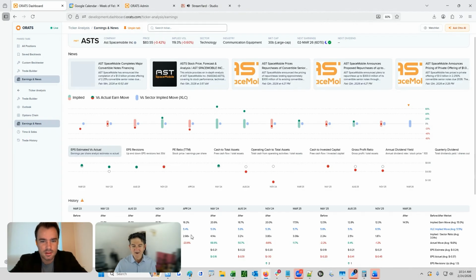A 14% implied move is pretty crazy, but you can still track it with this. It's usually 3 times the XLC, the communication ETF, so it's a communication stock.